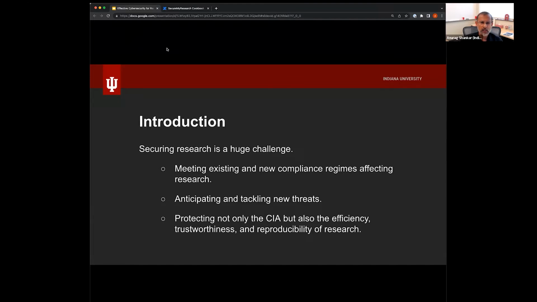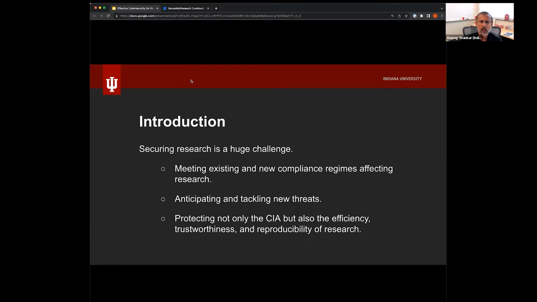I don't think I need to say this, but securing research is a huge challenge on campuses. Research is kind of amorphous. It doesn't lend itself to being treated in a uniform way. Researchers are special people doing special things, and there are other things associated with it which make it challenging.